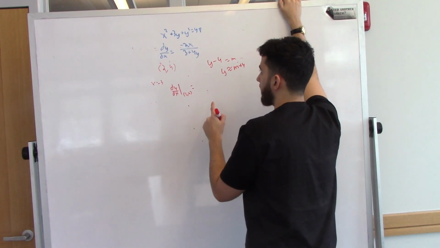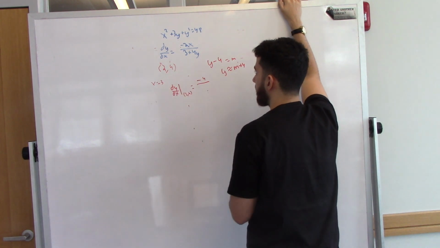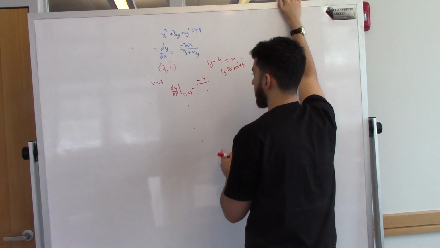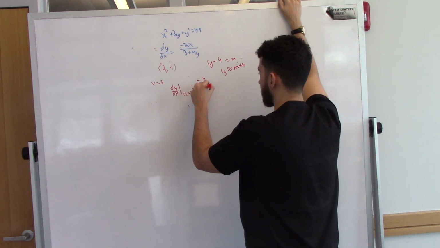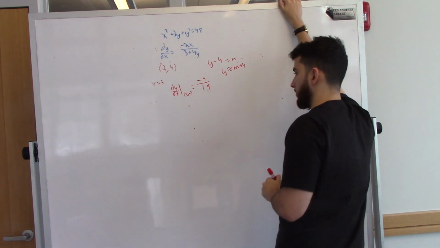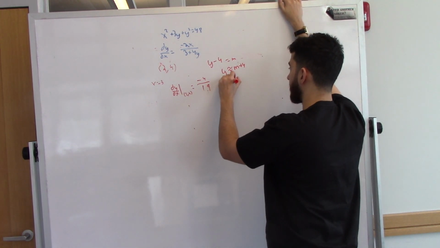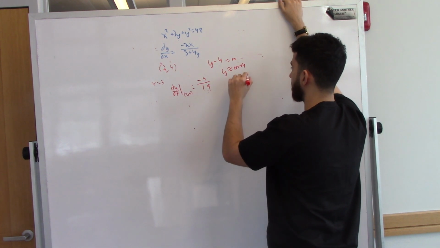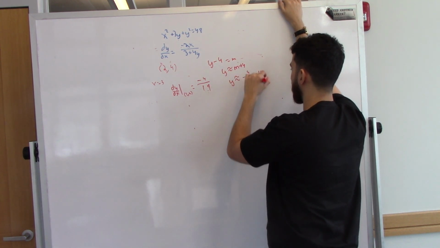So we're going to have negative 2 times 2, negative 4 over 3 plus 4 times 4. That's going to be 3 plus 16, that's going to be 19. So the slope at the point (2, 4) is equal to -4 over 19. So y is approximately equal to negative 4 over 19 plus 4.